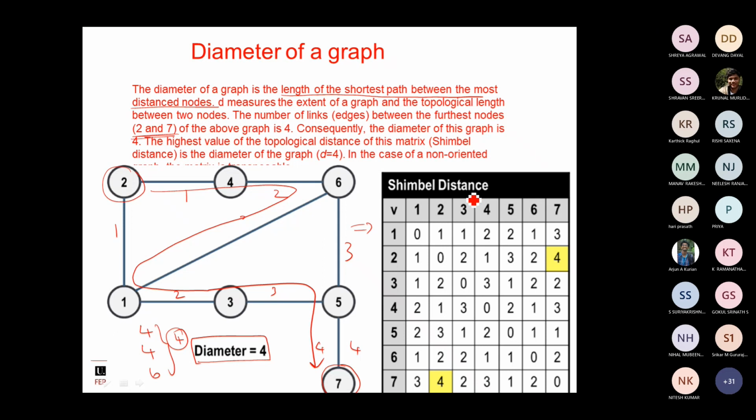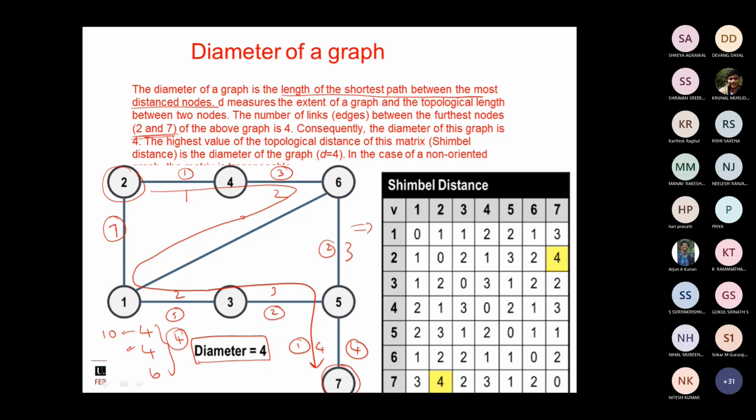Now the geodesic distance is nothing but the number of paths that we have. In case your graph is weighted, this is an unweighted graph, am I right? If I go for a weighted graph and put the weights as 1, 3, 7, 7, 5, 2, 1 like that over here, both of these paths are going to have 4 steps only. Among these, which has the least weight? This one: 1 plus 3, 4, 4 plus 2, 6, 6 plus 4, 10.